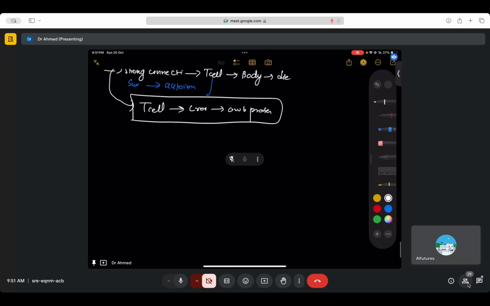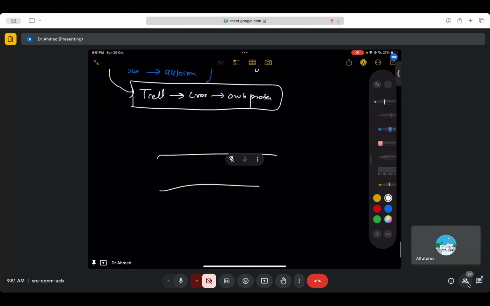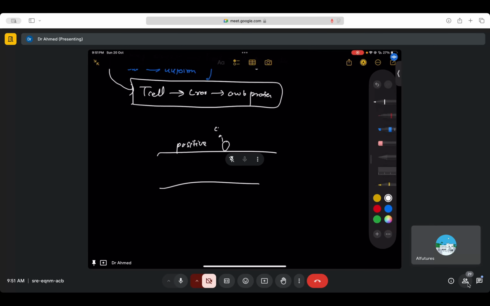Okay, what happens in negative selection? In the thymus, first of all, you are going to see positive selection. In positive selection, you have a cell that is double positive. What do we mean by double positive? They have both CD4 and CD8 receptors, right? First, in positive selection, they are exposed to MHC1 and MHC2.